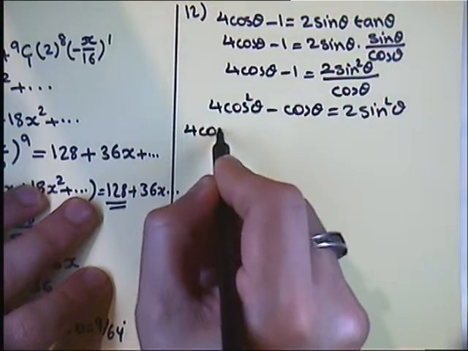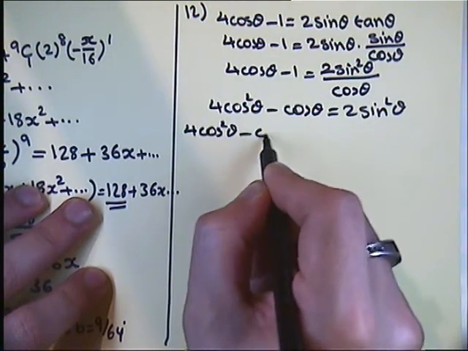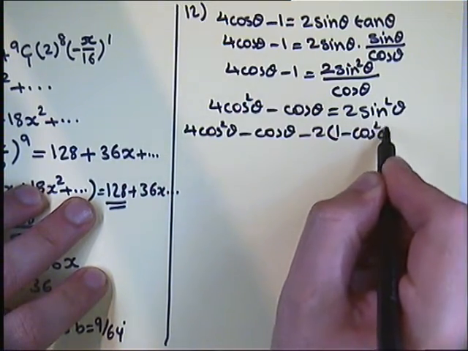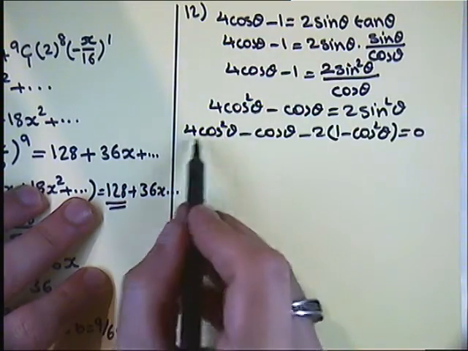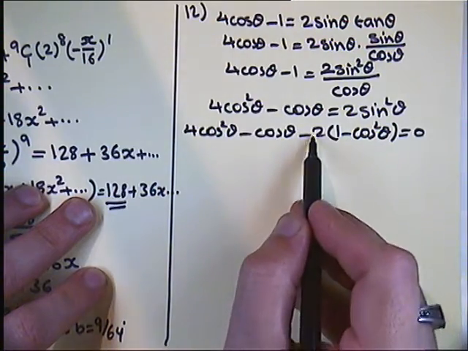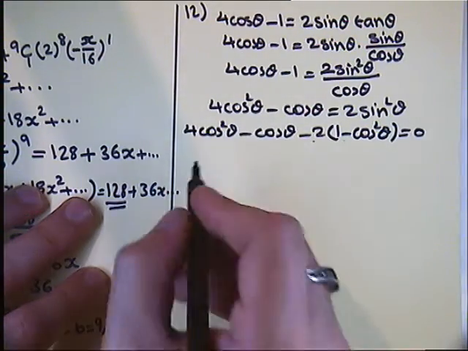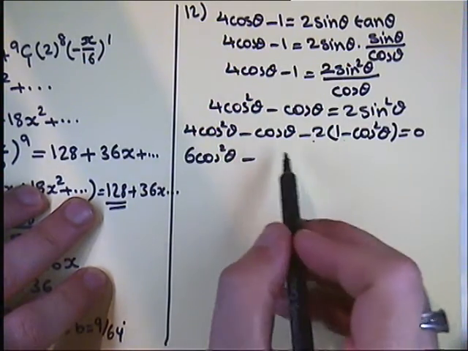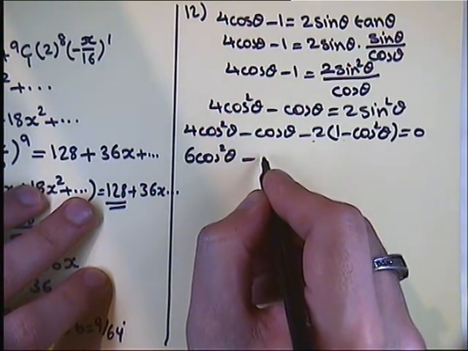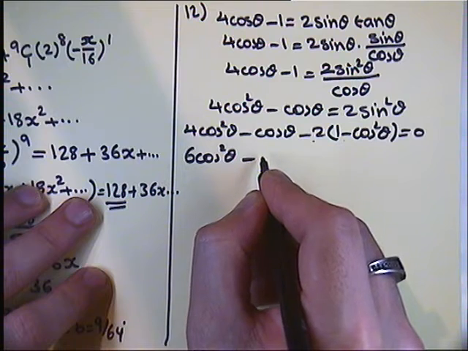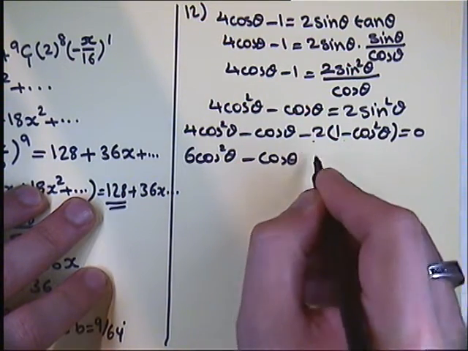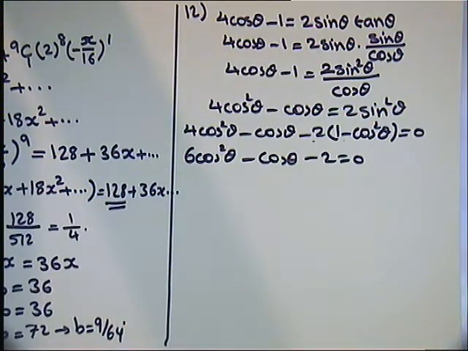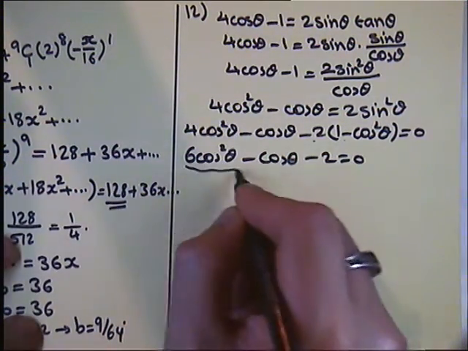Therefore, 4 cos squared theta minus cos theta minus 2 times (1 minus cos squared theta) is equal to 0. 4 cos squared, minus minus becomes plus, plus 2 cos squared, which is 6 cos squared theta minus cos theta minus 2 equals 0. Okay, so that is what we needed.